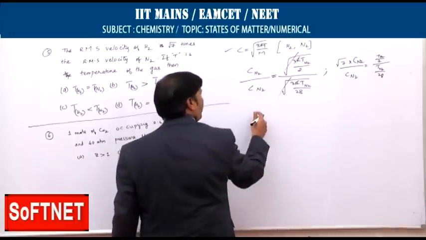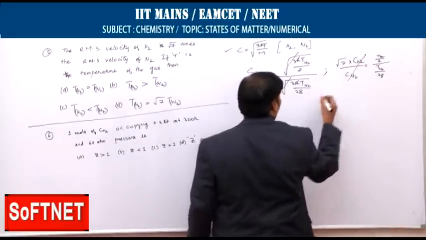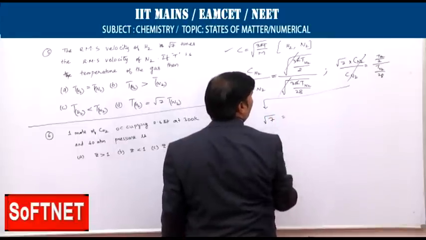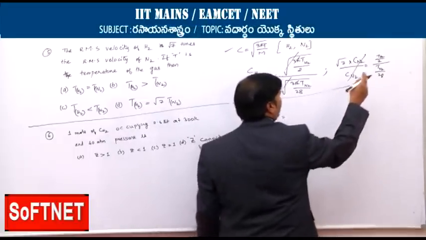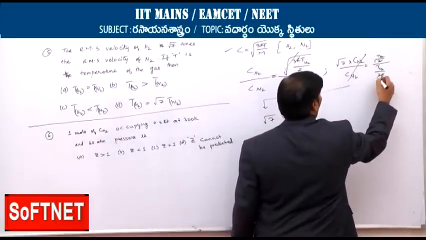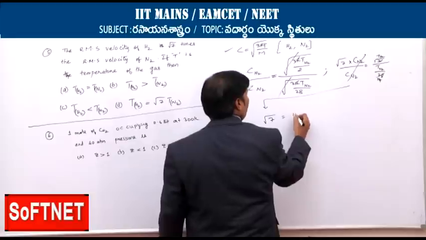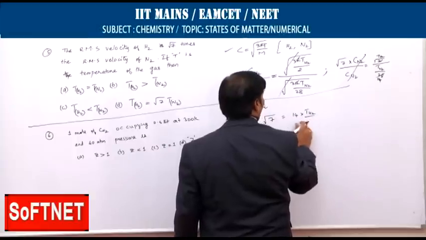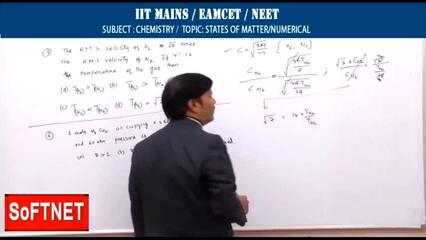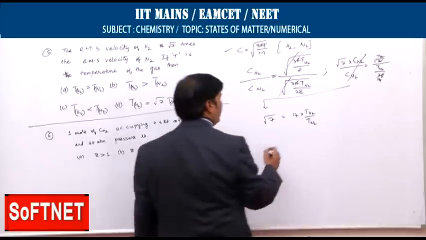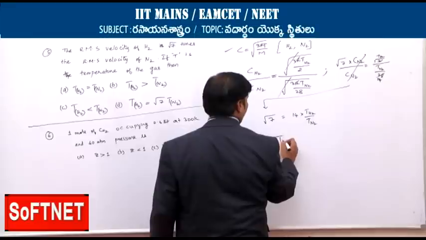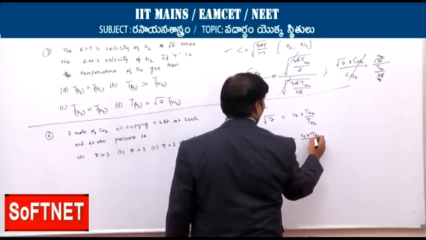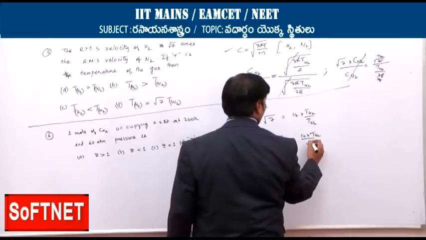That same step, this gets cancelled. So the next step: root 7 is equal to, 2 ones are 2, 14 twos are 28, so 14 will come to the numerator. So 14 into temperature of hydrogen divided by temperature of nitrogen. So what we are able to understand here is that temperature of nitrogen is equal to 14 into temperature of hydrogen divided by root 7.